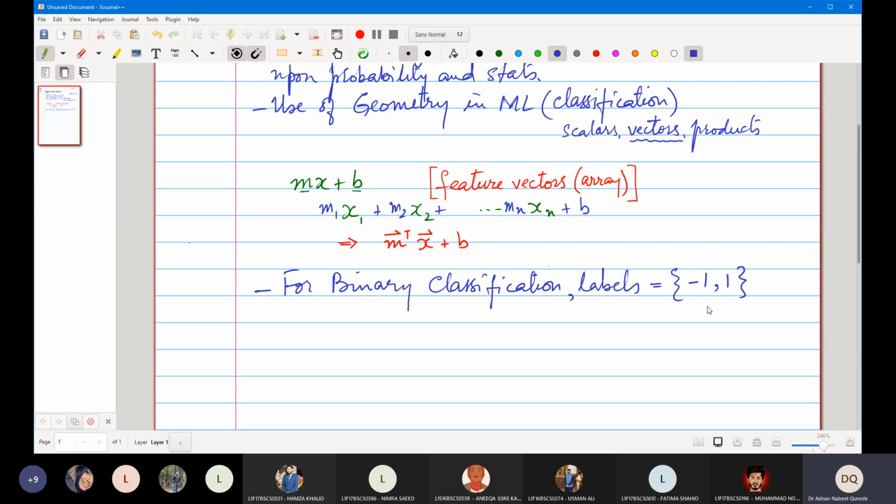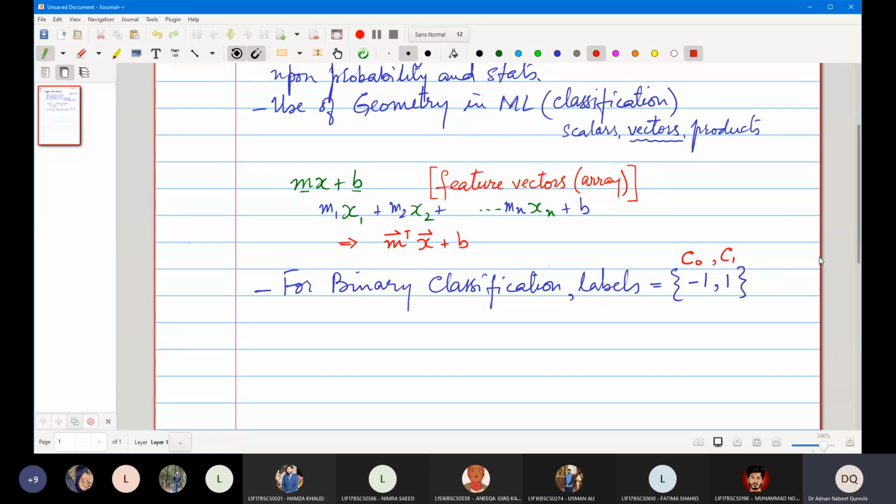For SVM, it is important that we should use -1 or 1. This becomes, let's say, class 0, and this will become class 1.